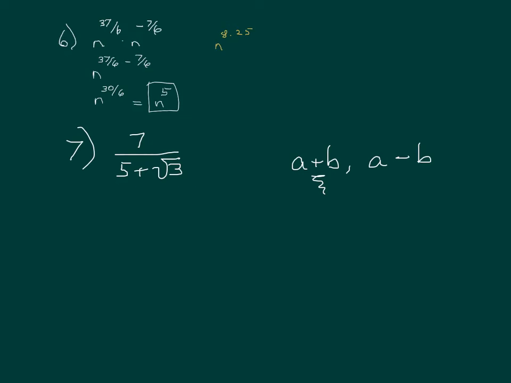You have to have an a that stays the same, and then it's added or subtracted from the a. So in this case, if you consider this a and b, then you have 5 plus square root of 3. The conjugate would be 5 minus square root of 3. So again, here's what you have, and here's the conjugate.